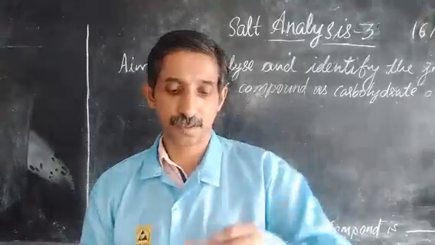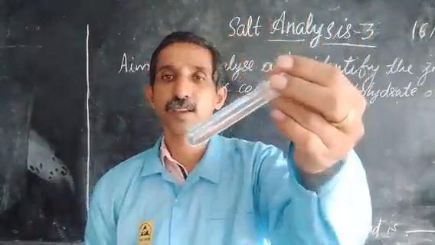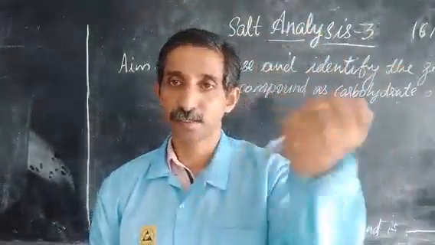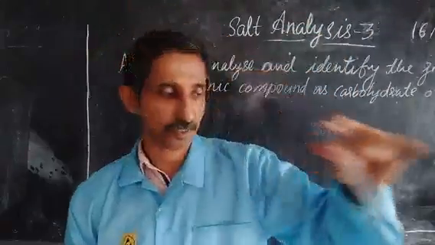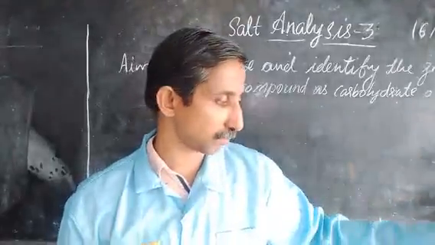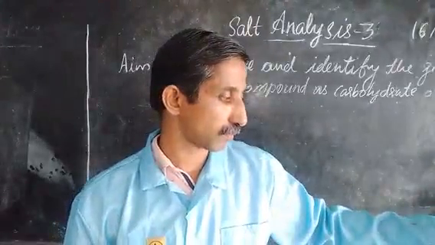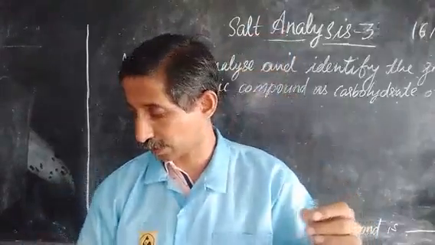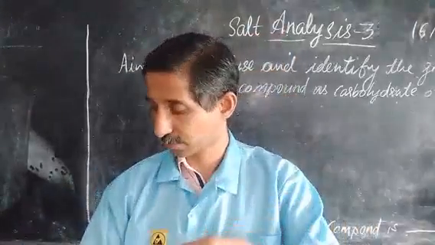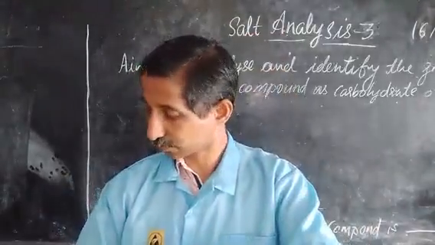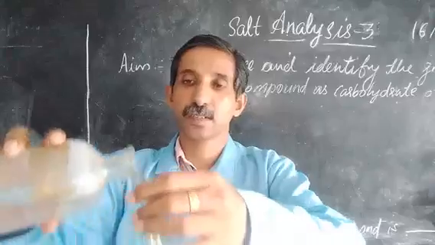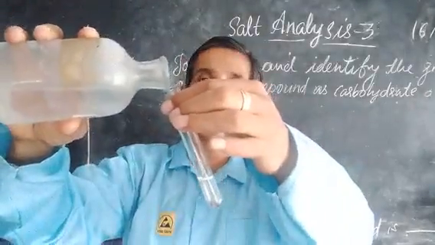We can see the substance is readily soluble in distilled water. We don't need this much of it, we will take only half of it. Half is taken, and sodium hydroxide is to be added to that. Now we have sodium hydroxide here.